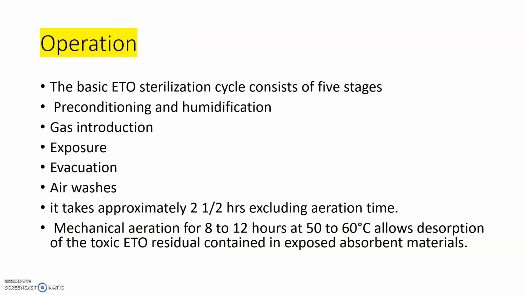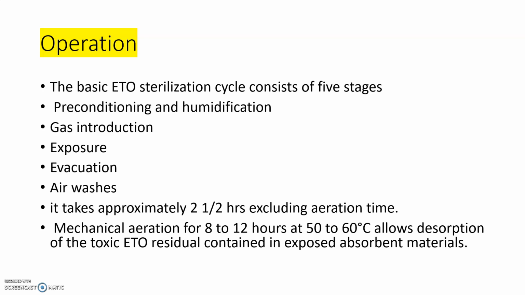Now what is the operation? The basic ethylene oxide sterilization cycle consists of 5 stages. That means first is preconditioning and humidification, then gas introduction, then exposure of the equipment to the gas, then evacuation of the gas, and finally air washes.